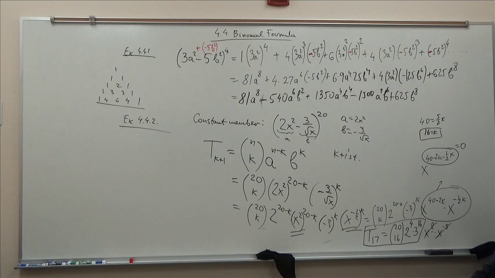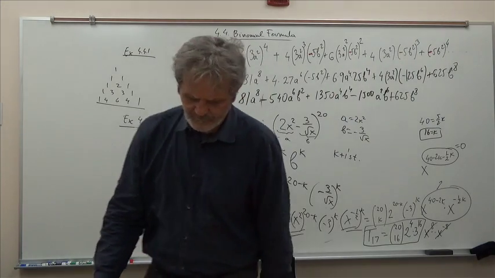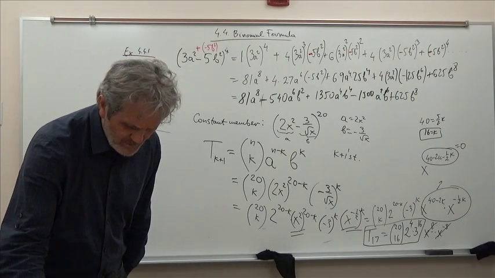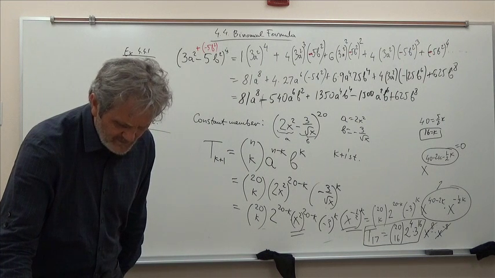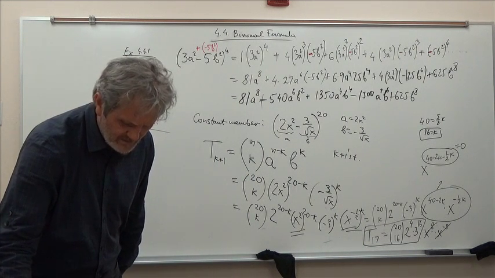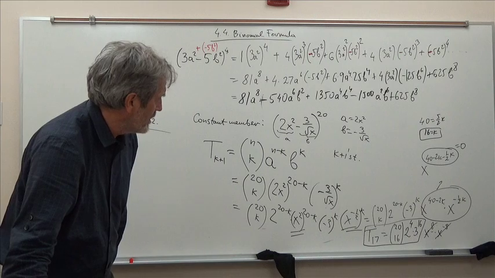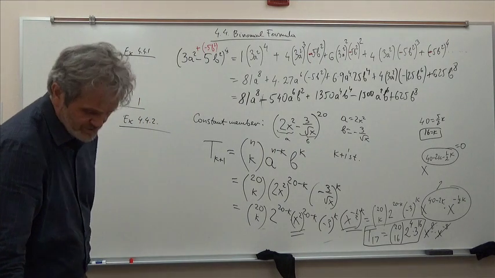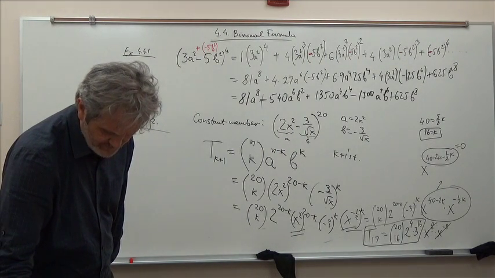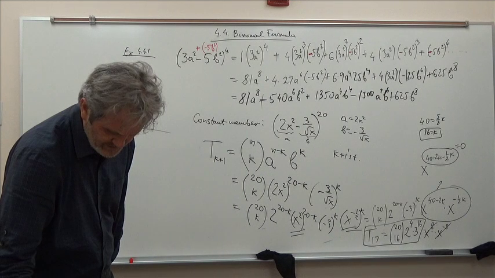The 17th member in this expansion will not have x, and it will be equal to this number here. And of course, on your exam, you can just leave this, because 2 to the 16 times 2 to the 4 is 2 to the 20, which is the same thing. I just want to check the same.